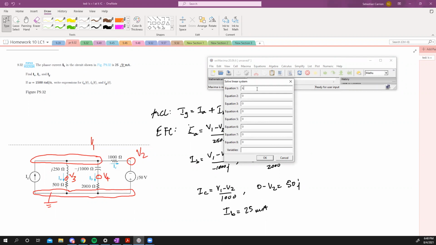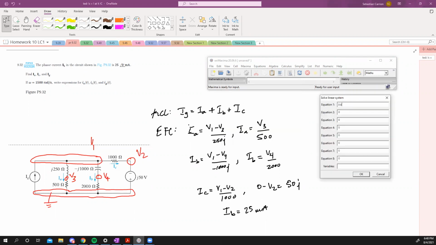So IG equals IA plus IB plus IC. IA equals V1 minus V3 over 50J, equals V3 over 500.